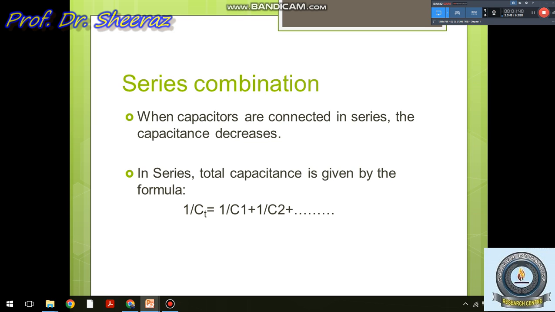Now, we have seen that resistances in series are added directly, whereas when they are in parallel, their reciprocals are added. Similarly, in the case of capacitance, this is a reverse phenomenon. In series combination, the capacitances are connected in series and they are added in reciprocal.